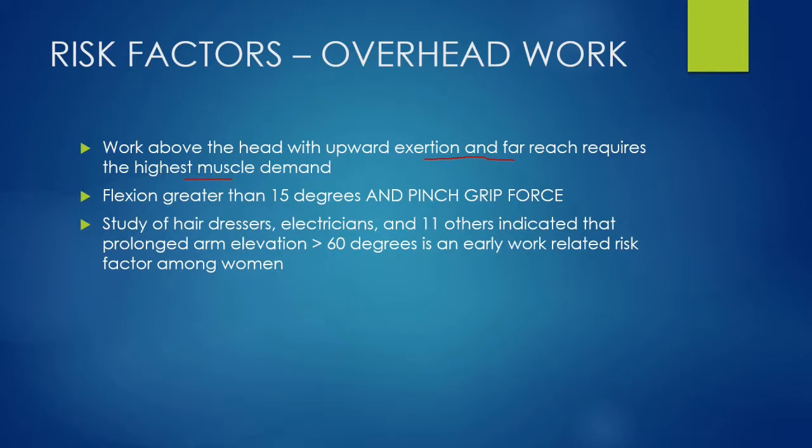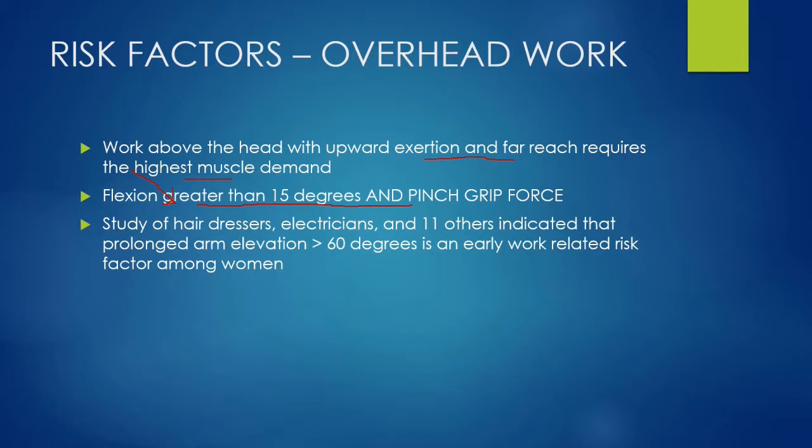Now, interestingly, even with a shoulder flexion angle of only 15 degrees or greater, it's been found that adding pinch grip force greatly increases the risk also for the development of shoulder mechanical impingement and the development of degenerative tendinopathy.